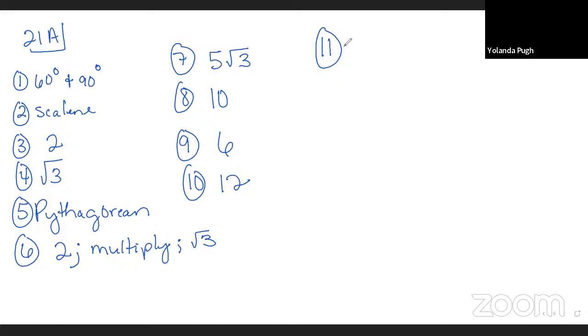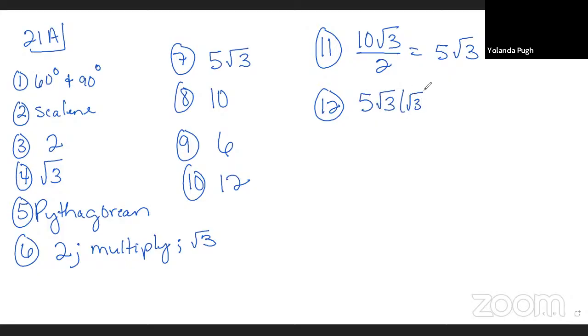Now, in this case, we have been given our hypotenuse. So we're going to take our hypotenuse and divide by 2. That means that our short side is 5 times the square root of 3. And that means that our long side is the short side times the square root of 3. That's going to be 5 times 3, which is equal to 15.